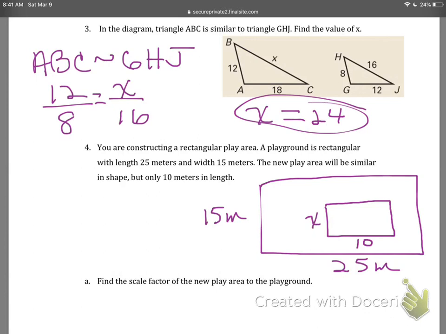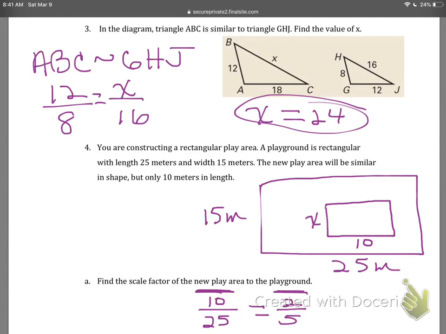Find the scale factor of the new, so that's the smaller one, to the playground. Okay, so the new one is 10, and the old one, or the playground itself, is 25. Okay, so what can I reduce this to? So 10 over 25, 5 goes into 10 2 times, 5 goes into 25 5 times.